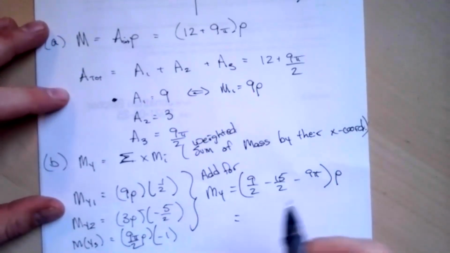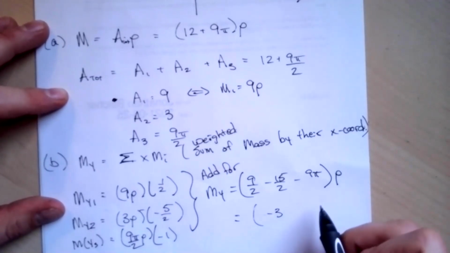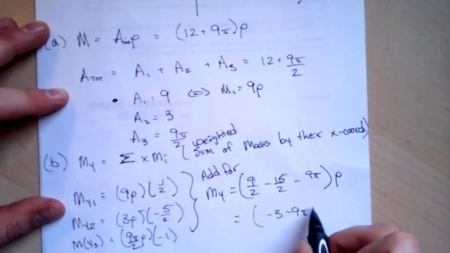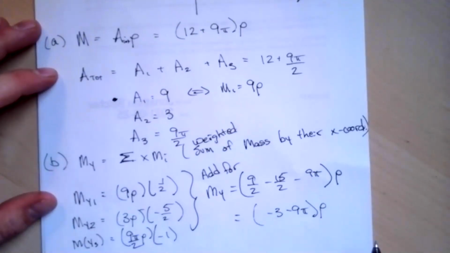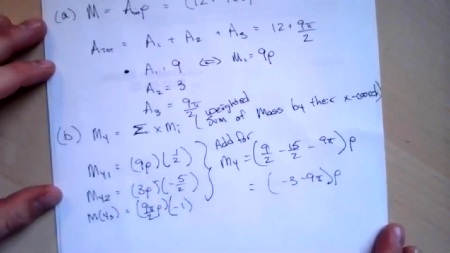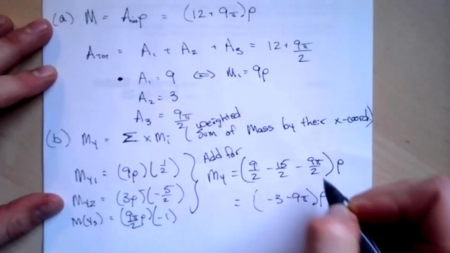What's that give us? Negative 6 over 2 minus 3 minus 9 pi rho. Should be 9 pi over 2 for that one too, right? Did I miss that one? Yep. Did.